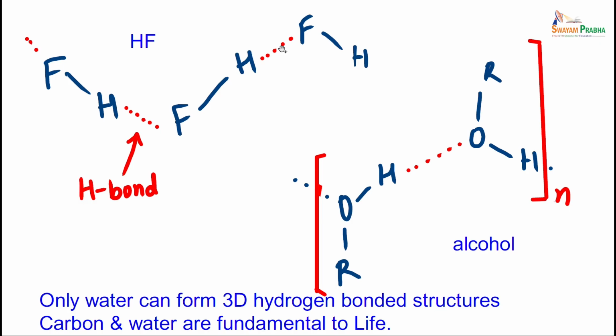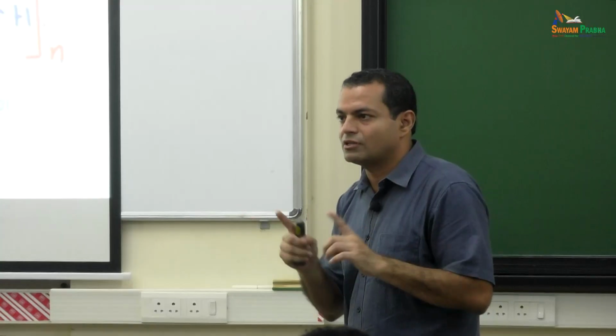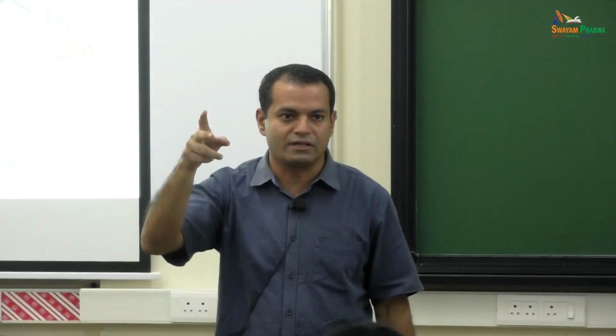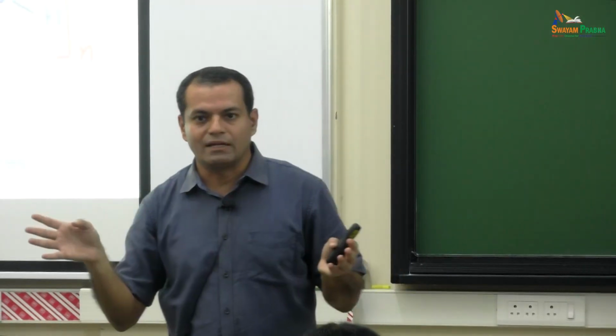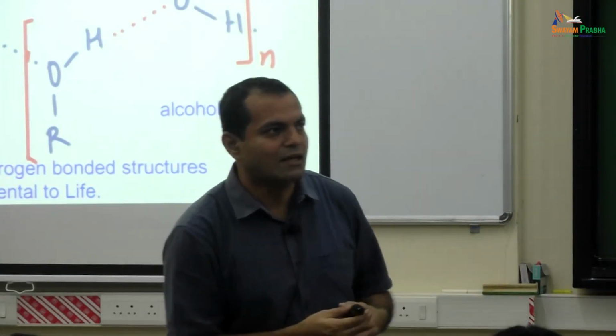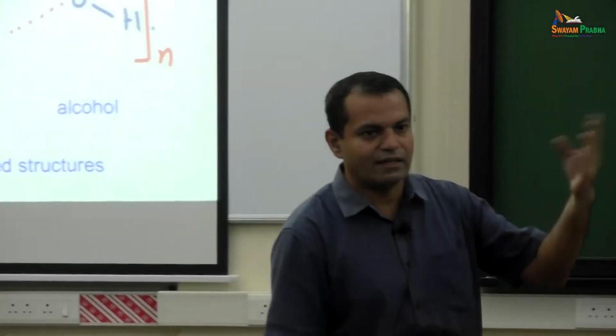The special thing about water is not the hydrogen bond. Hydrogen bonds are there in so many liquids. They are there in alcohol, all alcohols. The special thing about water is its ability to form 3D hydrogen bonded structures, and that's because of the local tetrahedral coordination. It's not possible in other systems. Most commonly people think it's the hydrogen bond that is special. But if the hydrogen bond is so special, it's there everywhere.